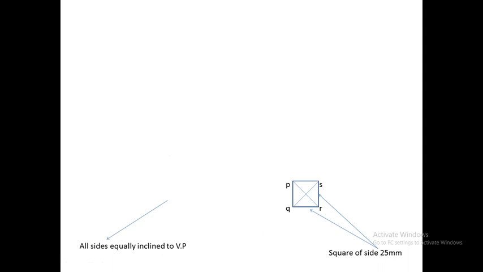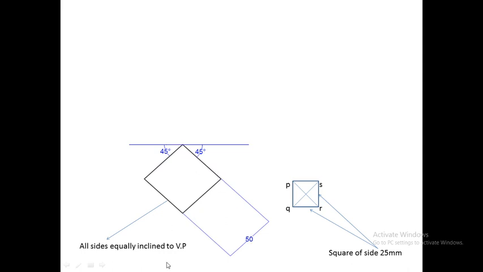In the first step, we will draw the top view of the square pyramid, that is a square of side 50 mm with all sides equally inclined to VP. We can see here that it is given that all sides are equally inclined to VP. So the first step, I have drawn a square of side 50 mm as given in the question with all sides equally inclined to VP.